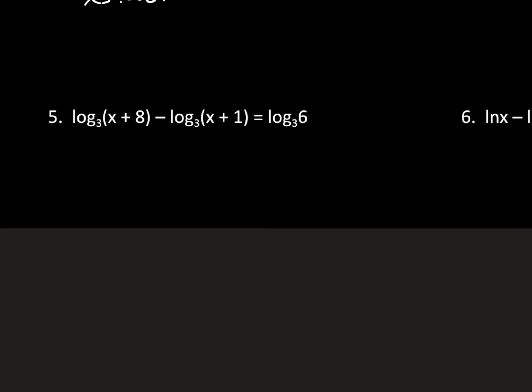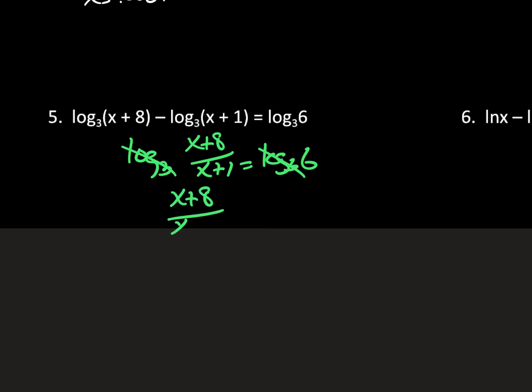All right, this one also has subtraction. So subtraction means division. So I'm going to make this one log on the left-hand side, and it equals log base 3/6. Now, this is a different kind of problem because there's a log on each side. Whenever you have one log on each side, not two like we had a second ago, you can cancel out the logs because they're already equal. So I'm going to say x plus 8 over x plus 1 equals just 6.